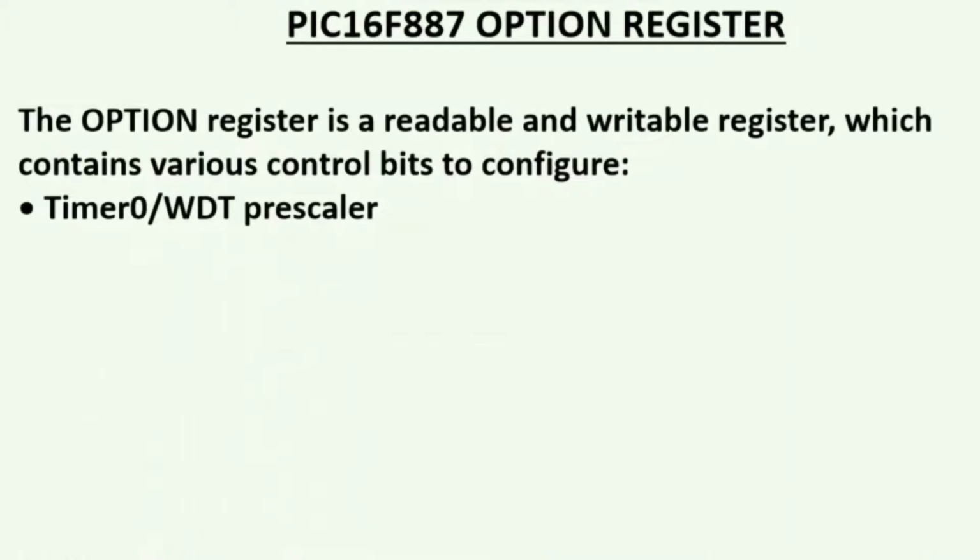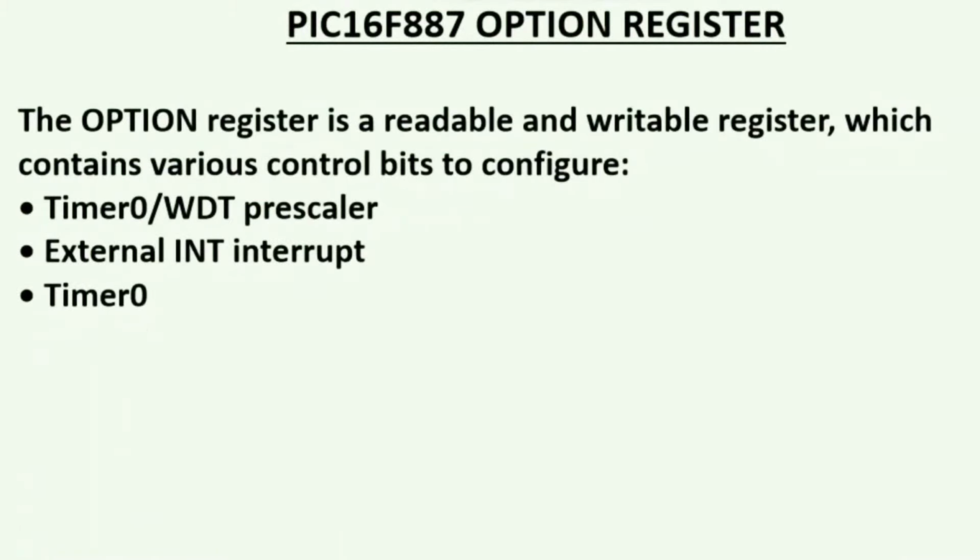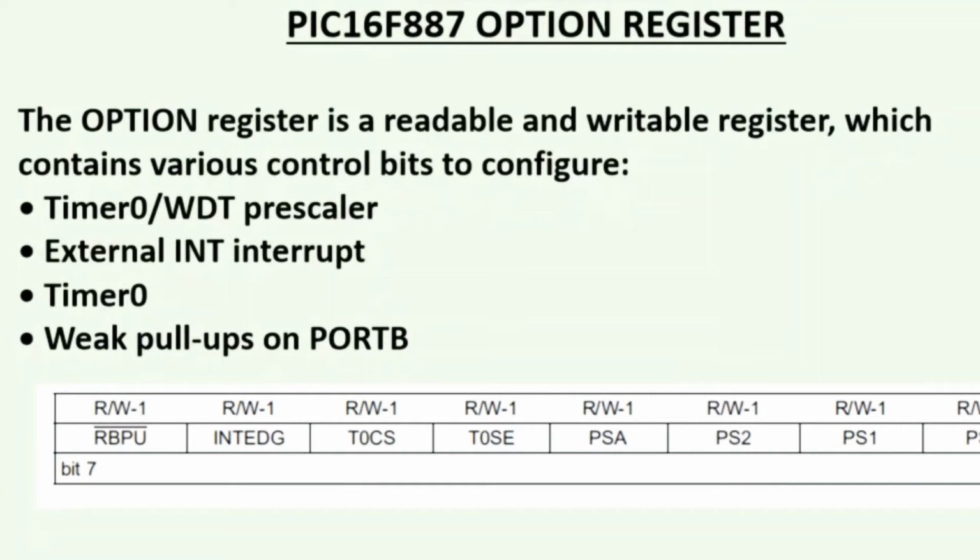The first thing is Timer 0 or WDT, that stands for watchdog timer prescaler, external INT interrupt, Timer 0 and weak pull-ups on Port B. As said, it is an 8-bit register, and this is the bit configuration of the option register.